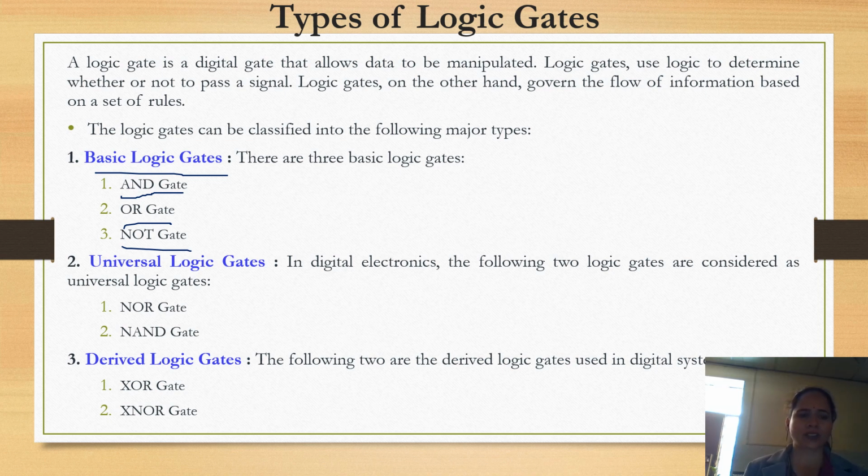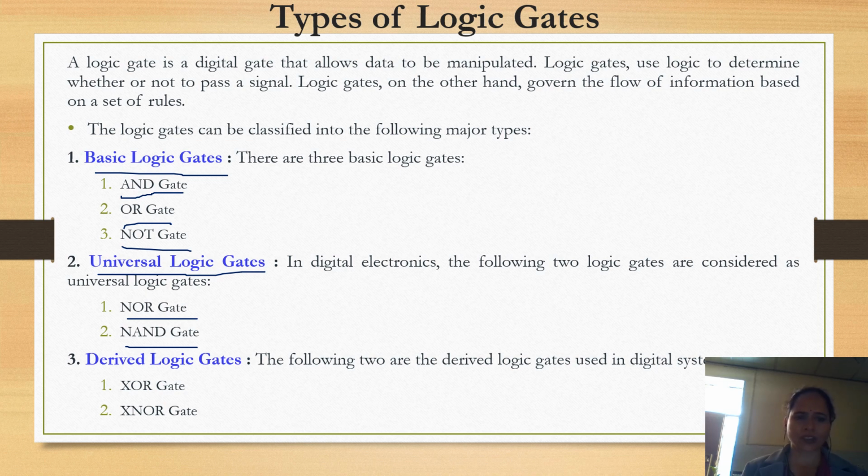Sometimes the examiner asks about the universal logic gates, which are the NOR gate and NAND gate. Every circuit can be designed or derived using the NOR gate and NAND gate. These are called the universal logic gates. Remember this; it is one of the important concepts or questions in logic gates.